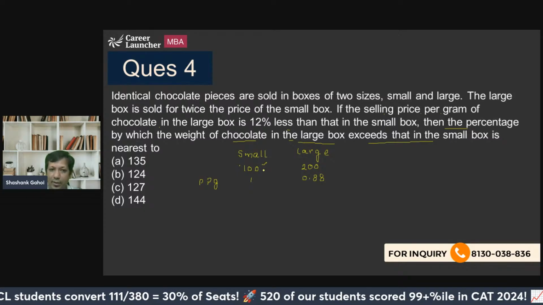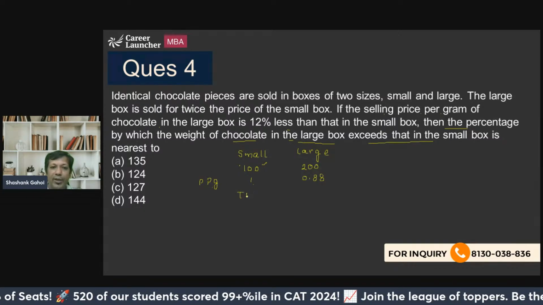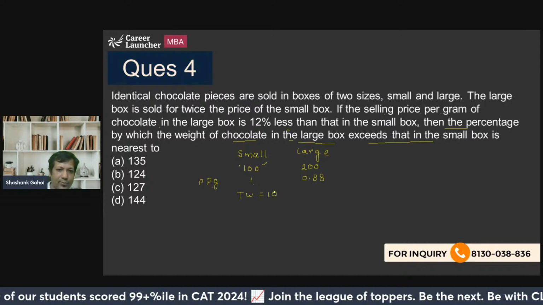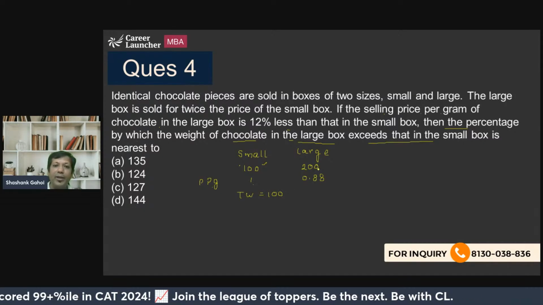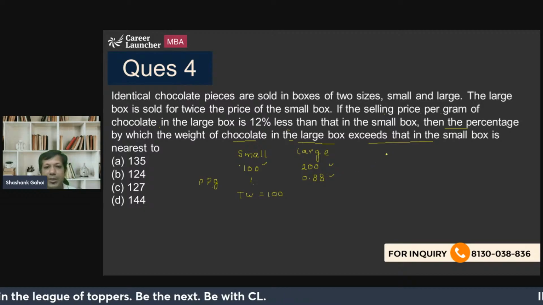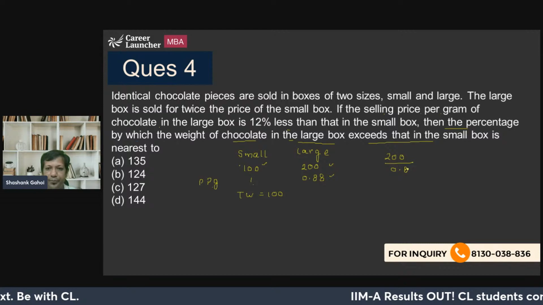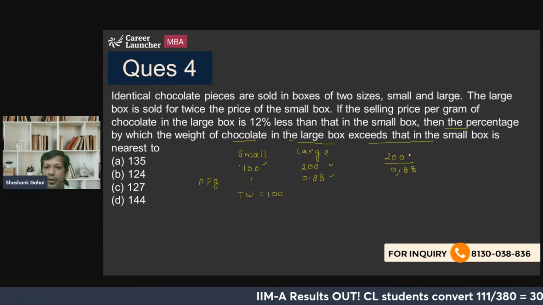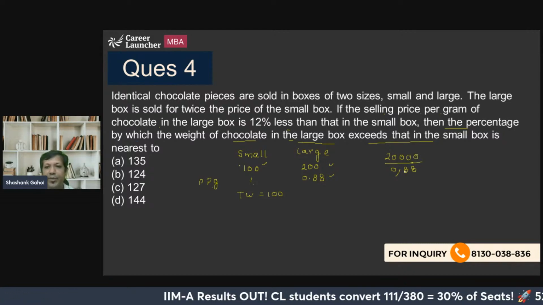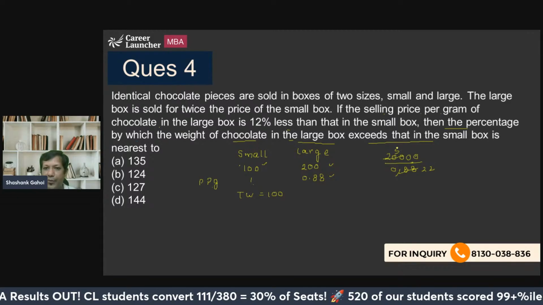The price is 100, price per gram is 1, so total weight in the small is going to be 100. Total weight in the large is going to be total price divided by price per gram, that is 200 divided by 0.88. Remove the decimal, increase zeros, cancel it by 4, so this is going to be 22, this is going to be 50.